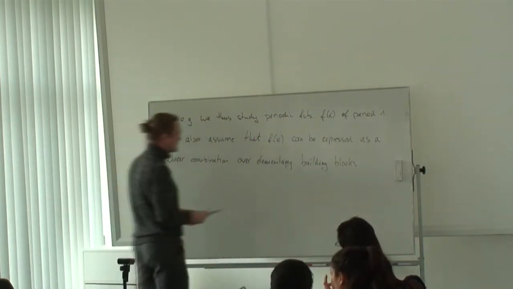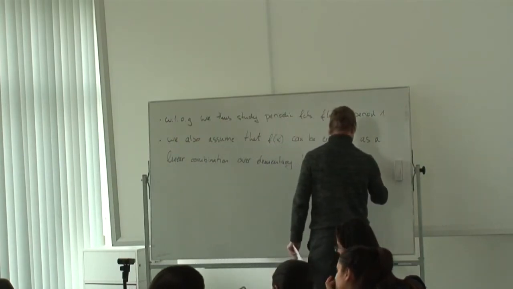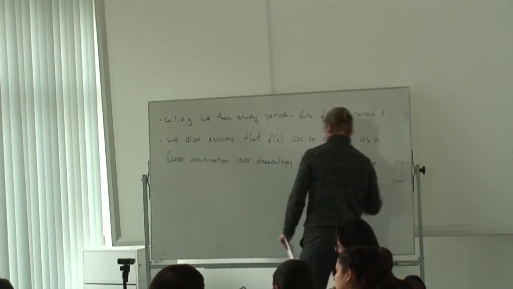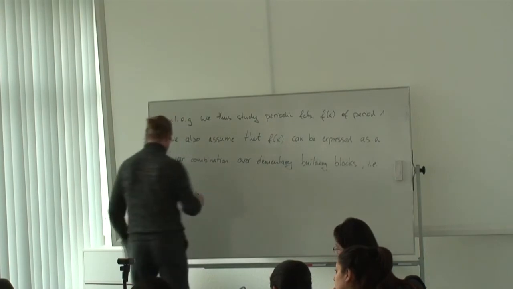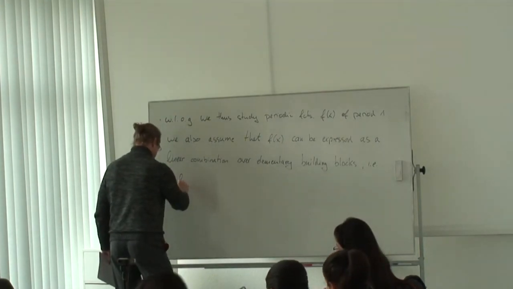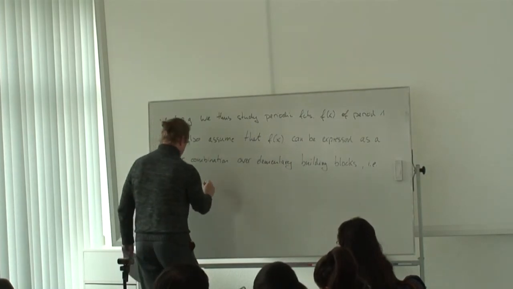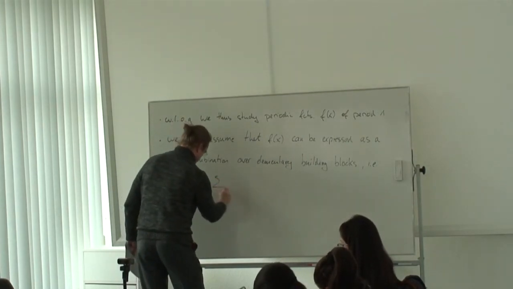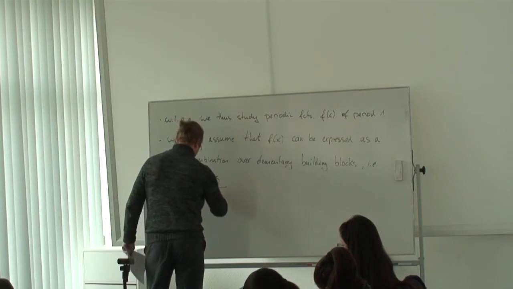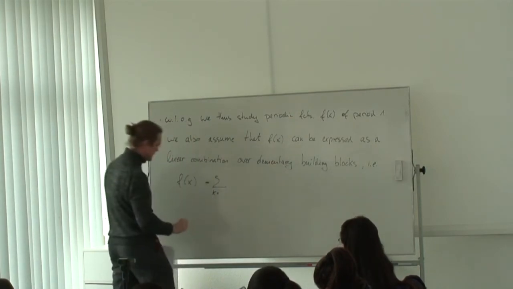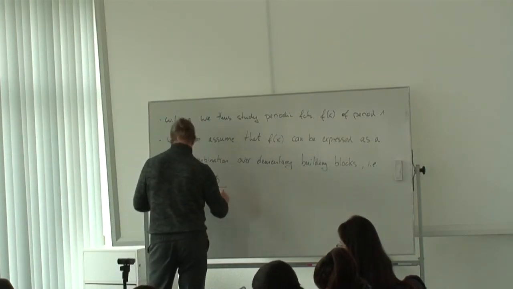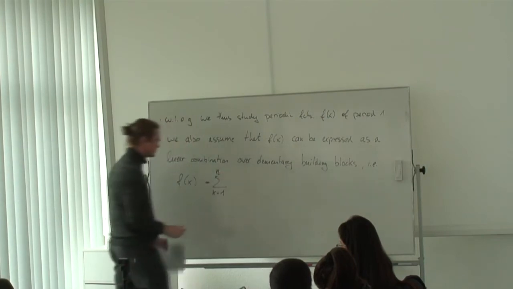And by that I mean that we will now study properties of functions we can write as f of x can be expressed as a sum where the index of summation k ranges from 1 up to some n we don't specify.